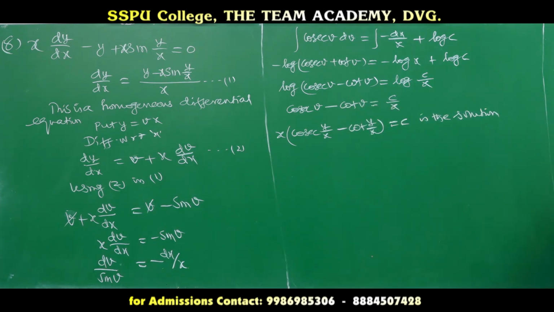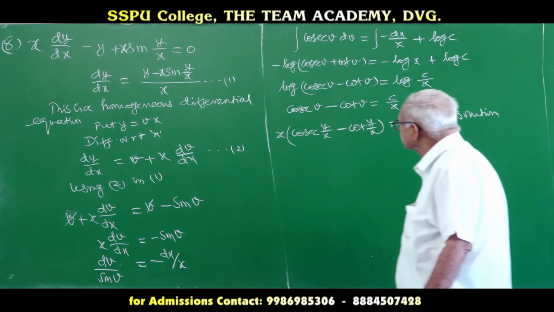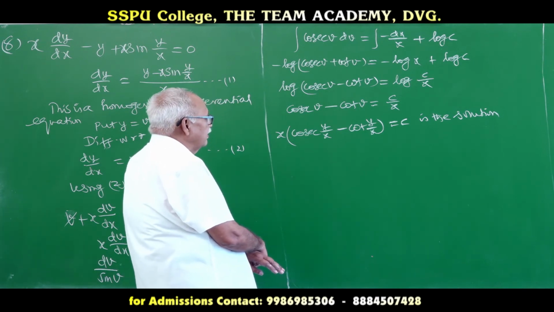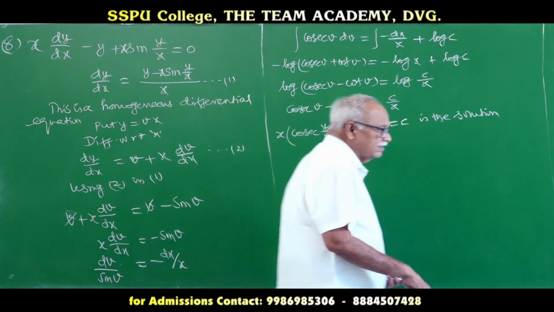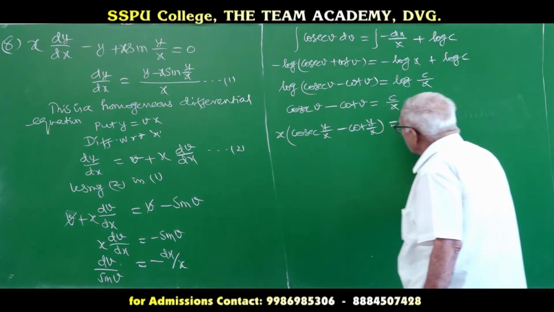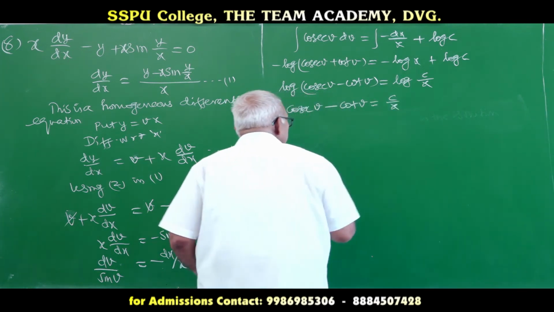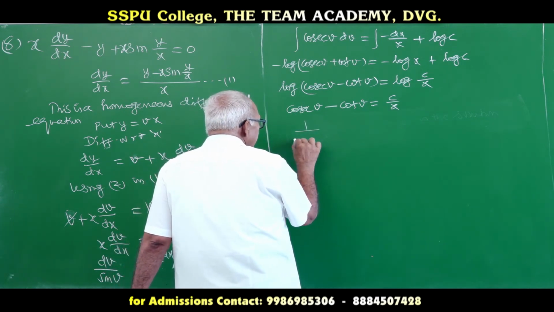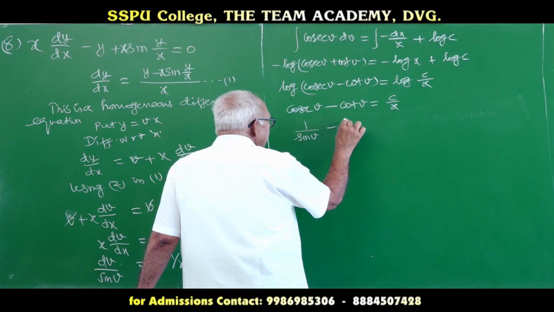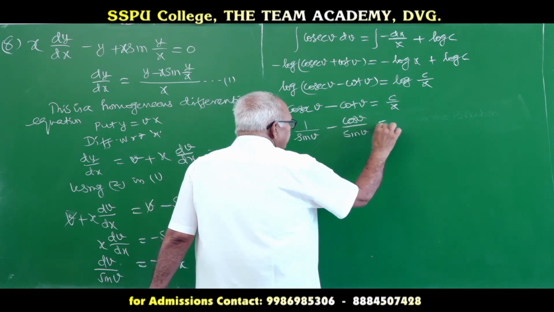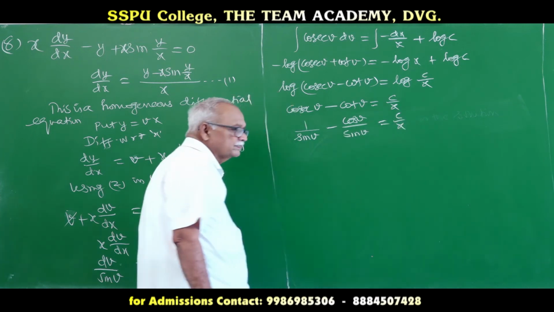So looks very simple. You can simplify this if you want. How to simplify this? We can simplify this further. Further simplification is, you should know trigonometry here. What is this? 1 by sin v, cos v by sin v is equal to c by x.